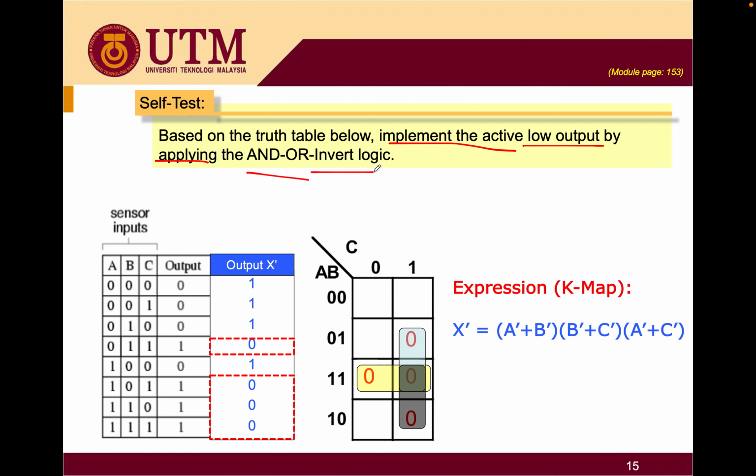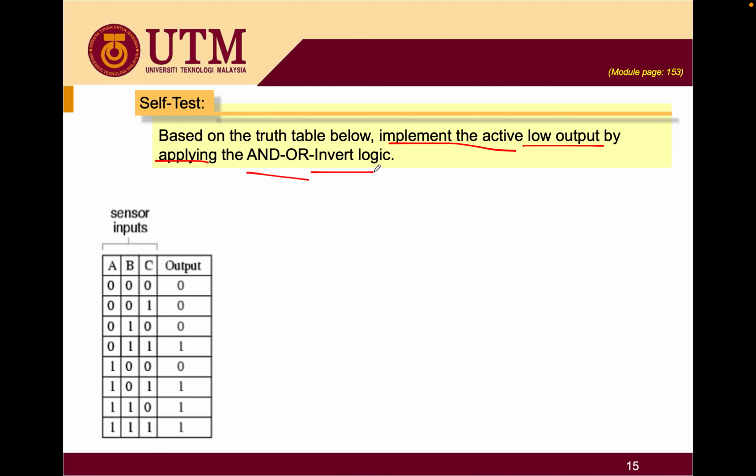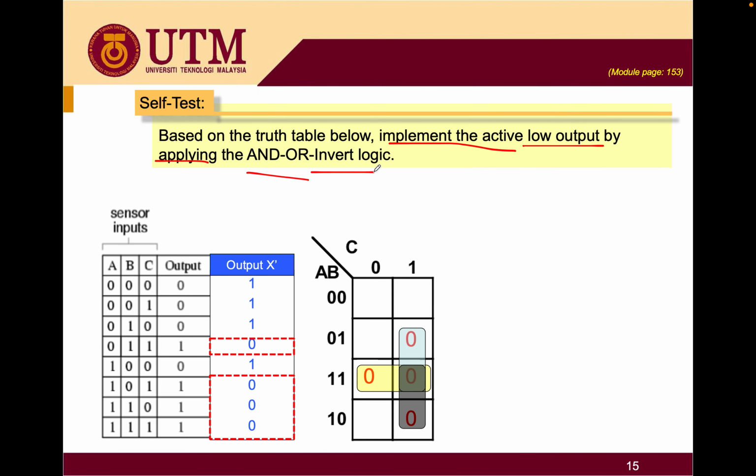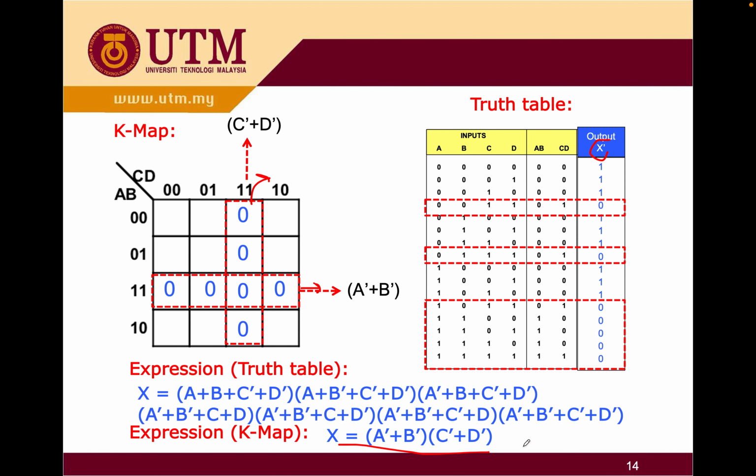So that is the example. You can try to do it. Basically, it's similar to this, and you need to learn how to draw the circuit. Like this also, you can draw the circuit.